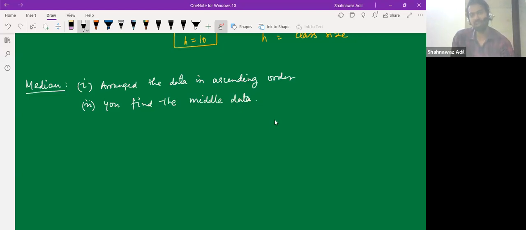In that way, you can calculate the median. If you have 51 data, then the 26th term would be the central term.